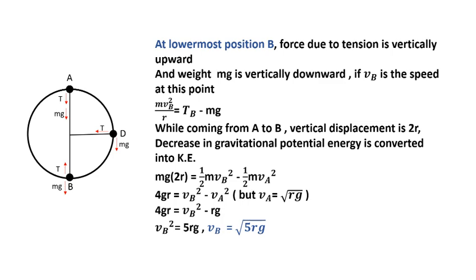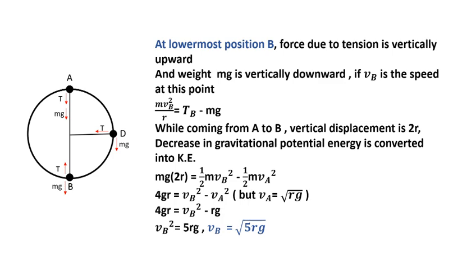The decrease in gravitational potential energy is converted into kinetic energy. Potential energy, the general formula, is mgh. If we assume B as the lowest point with zero height, then h is equal to 2r for the topmost position A.